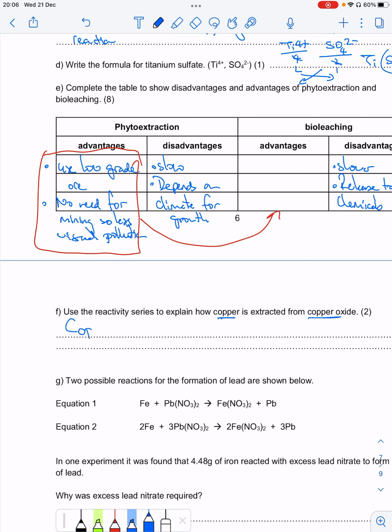Copper oxide, and we add carbon to it, and we heat this up, and that leads to copper being formed. So there's my copper, and then the carbon dioxide. That's a displacement reaction. The carbon is taking the oxygen because carbon is more reactive than copper. So your answer needs to say heat the copper oxide with carbon, and you get yourself the 2 marks.